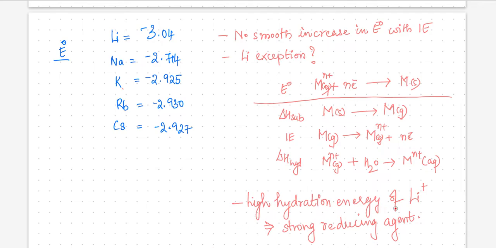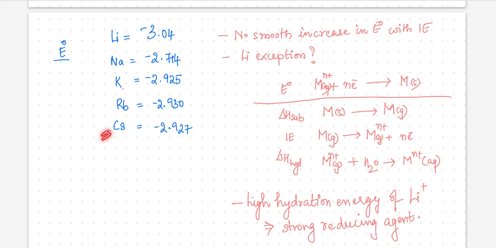The high hydration energy of the lithium ion is responsible for the high negative E naught value, and that is why lithium is the strongest reducing agent among the different alkali metals.